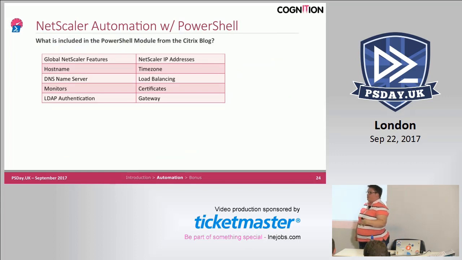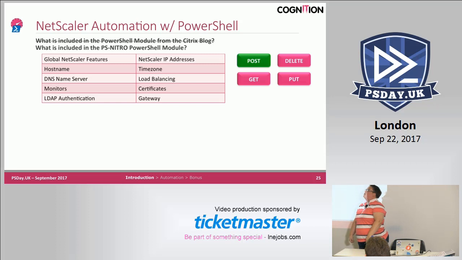So I got really excited about that, dived right into the module to realize that all the module did was use the POST method. So I could only send new configurations to my NetScaler for a subset of the features and the configurations that I could do. So it was a nice start, but it wasn't all that I wanted to use it for.